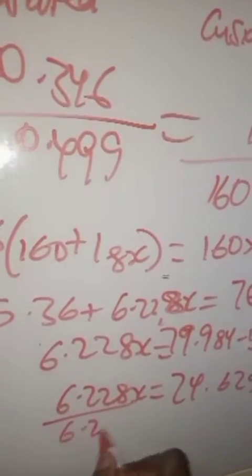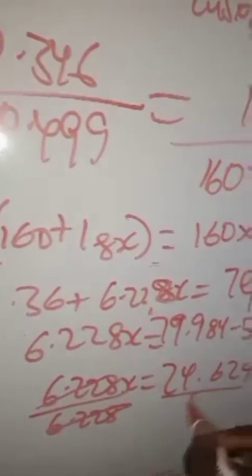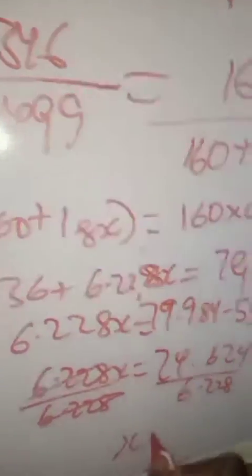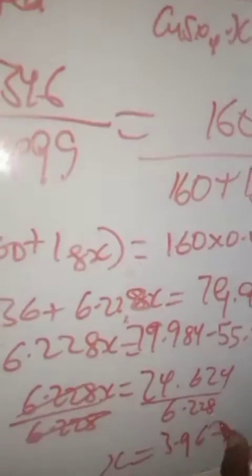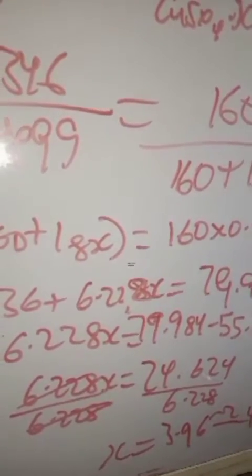So divide. We have 3.96, which is approximately equal to 4.0. So the value of x is 4. I believe you can solve most questions like this now. So I will implore you, try all the questions we've done again on your own before we move on.